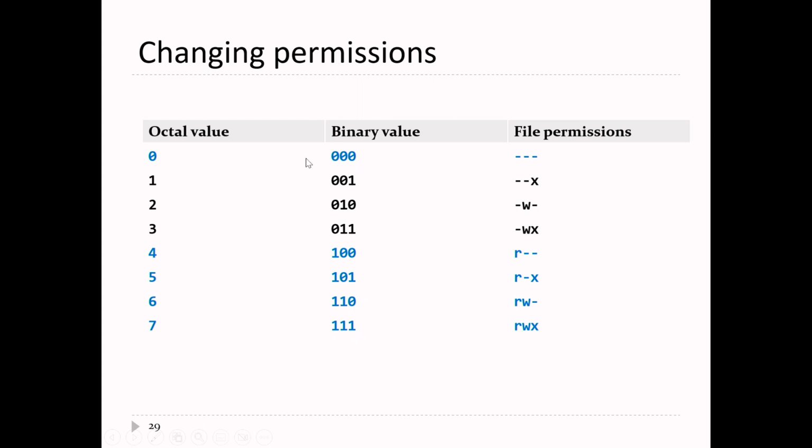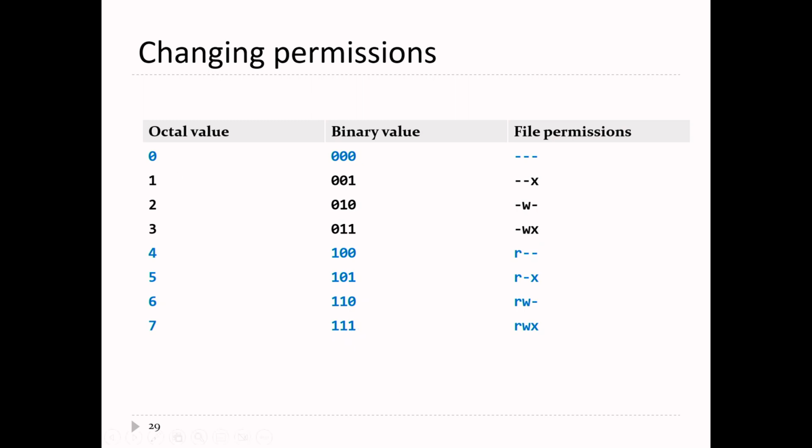So 000 means no read permission, no write permission, no execute permission. 001 means no read, no write, but execute, which doesn't really make any sense. 010 is no read, write, no execute. So they use the octal value as a short form for the binary value.